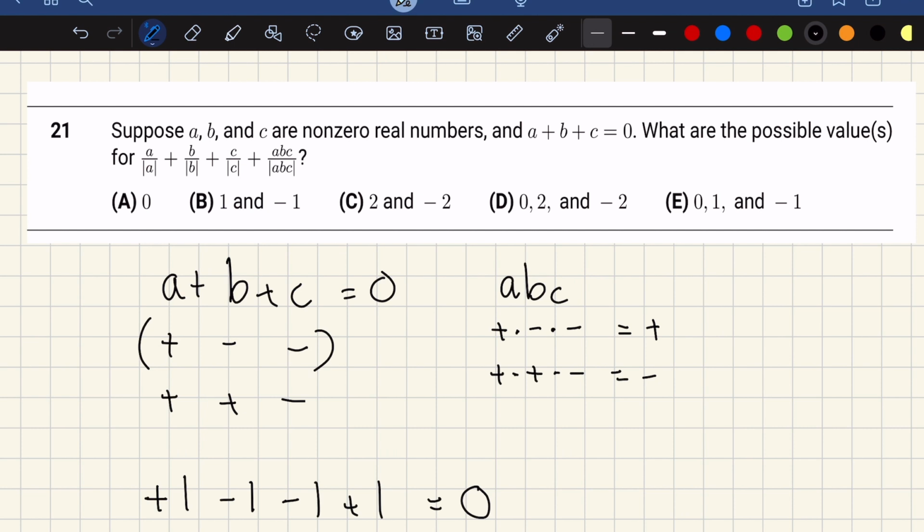Or we can have two positives and a negative, in which case it's going to be positive plus positive, minus 1, and then you're going to have a positive and a positive times the negative, which will be negative, which will be minus 1, which will still be 0.